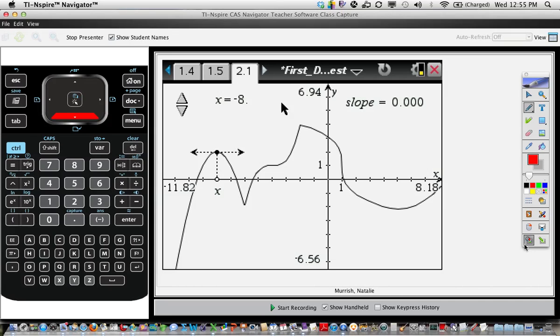Everywhere column 3 has a local max, what's column 4 say? You see that? Everywhere you have a local max, you have a sign change of positive to negative. Isn't that true? Does that make sense?